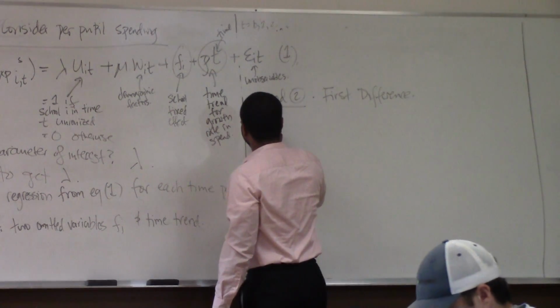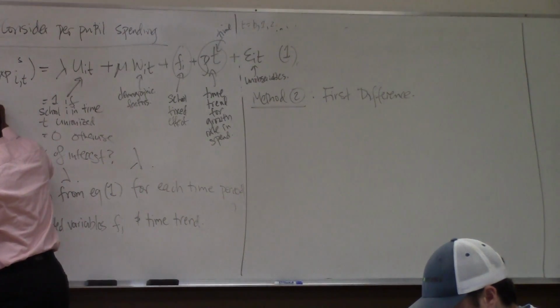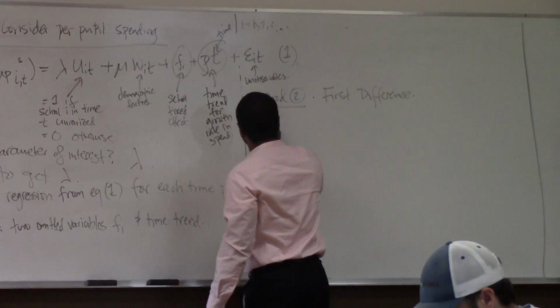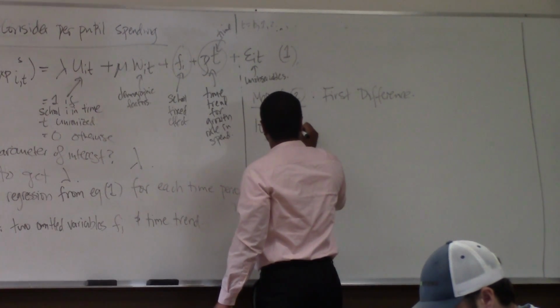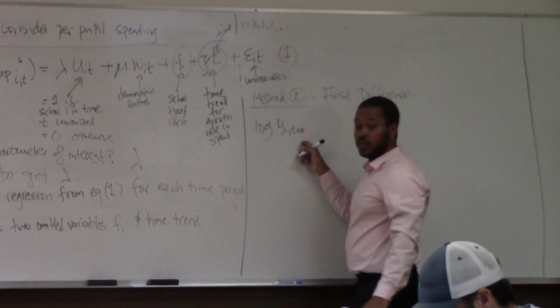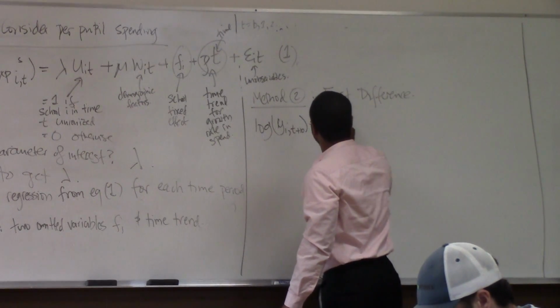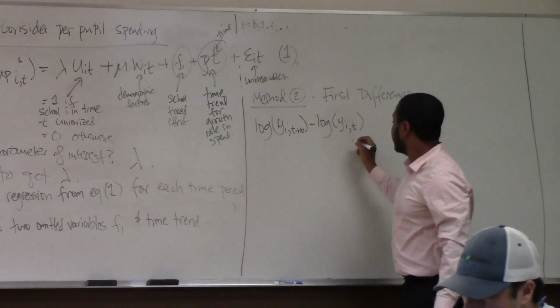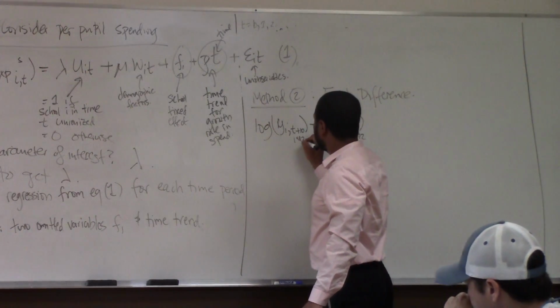So I'm going to just call this Yit, just for simplicity. So what we do is we take the log of Yi in time period t plus 10, minus the log of Yi in time period t. So time period t, for example, could be like 1972, and time period t plus 10 could be 1982.